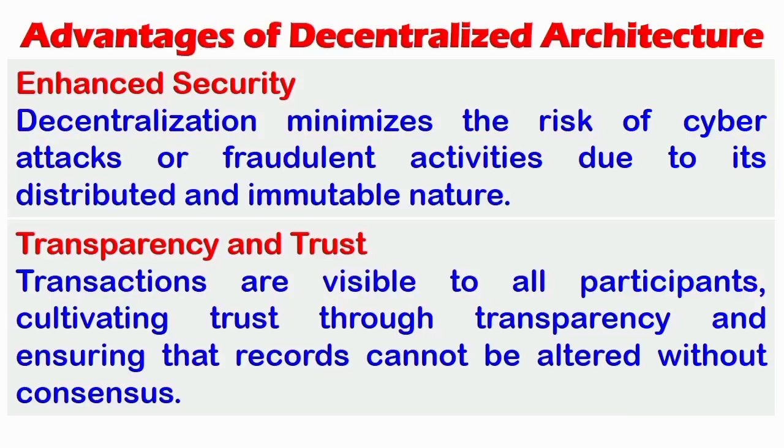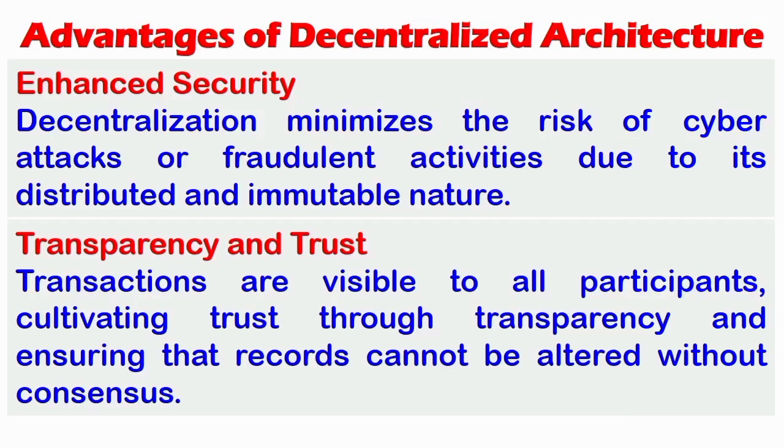Transparency and trust. Transactions are visible to all participants, cultivating trust through transparency and ensuring that records cannot be altered without consensus. That is, decentralized architecture brings a key benefit: transparency and trust. Here is how.